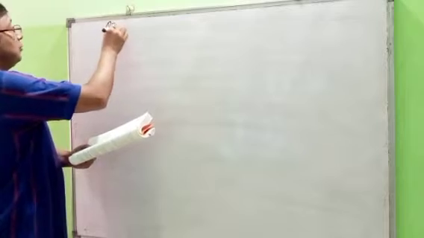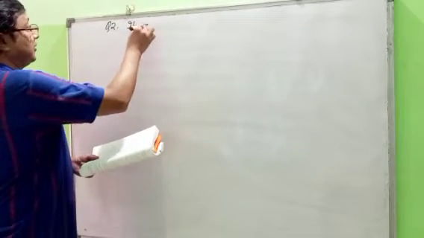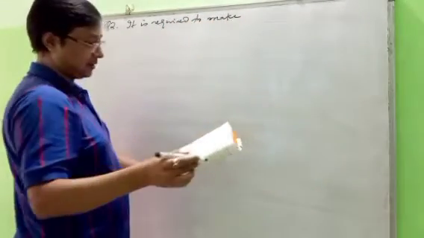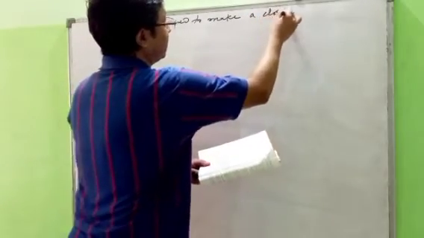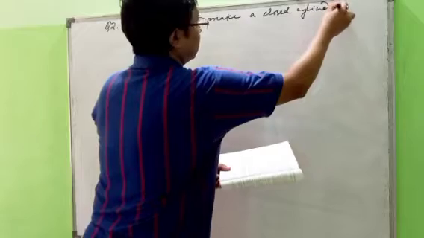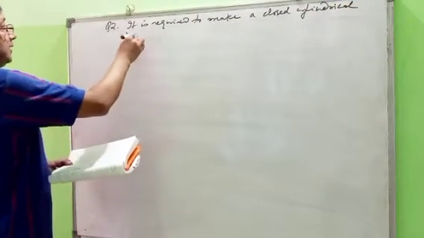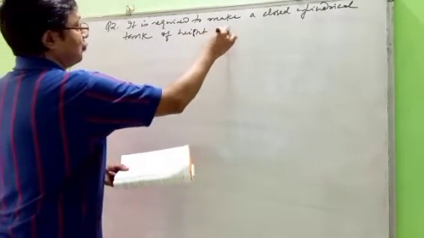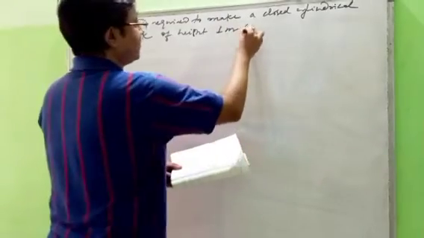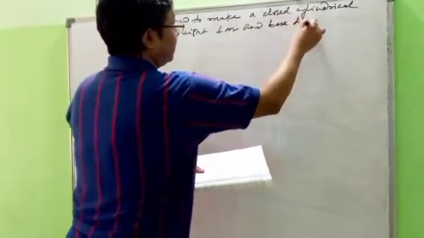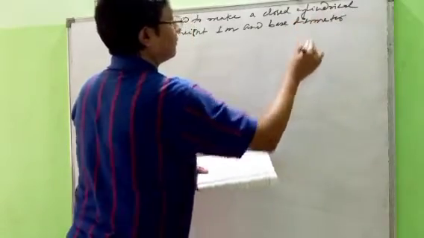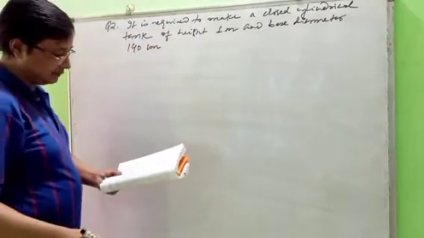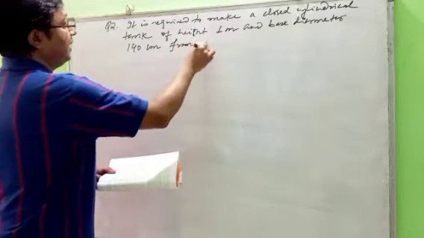Let us take question number 2. It is given that it is required to make a closed cylindrical tank of height 1 meter and base diameter 140 centimeter from a metal sheet.